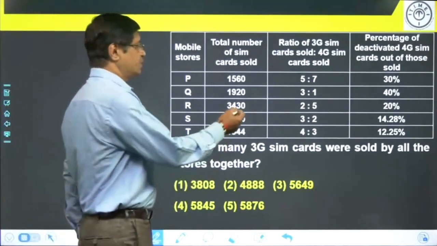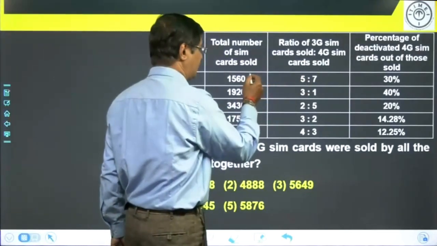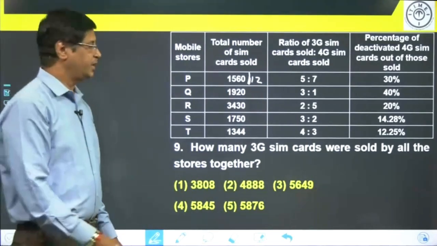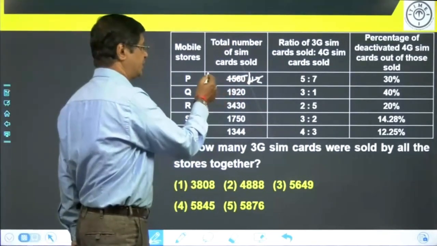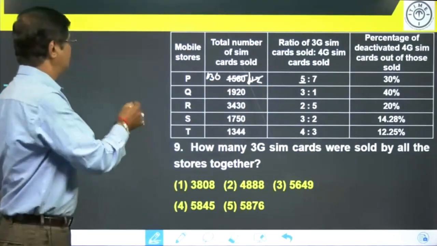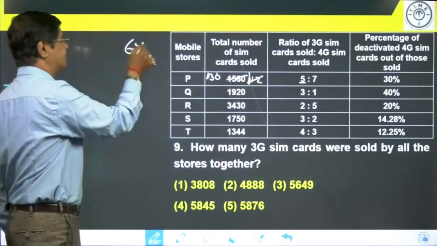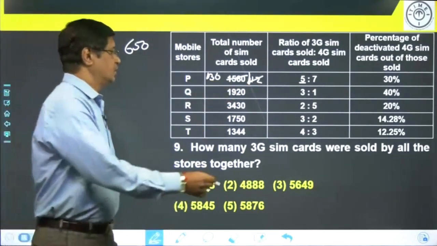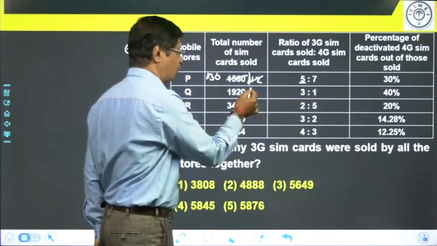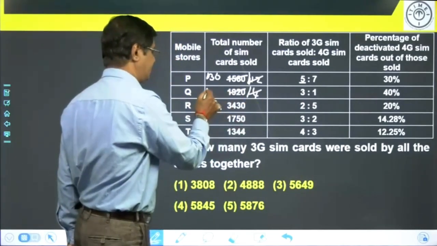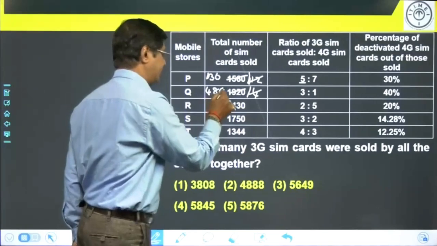Here the sum of these two is 12. 12 goes 13 times, that is 130. 130 into 5, the result is 650. Now what about 3 plus 1? That is 4. 4 goes exactly 480 times.